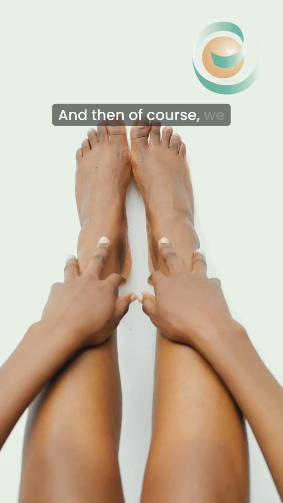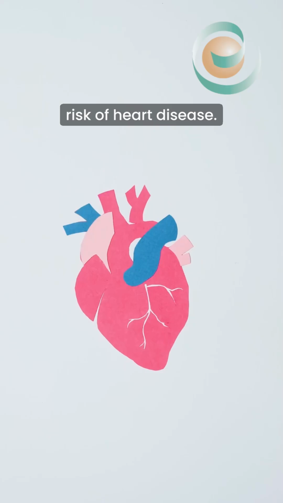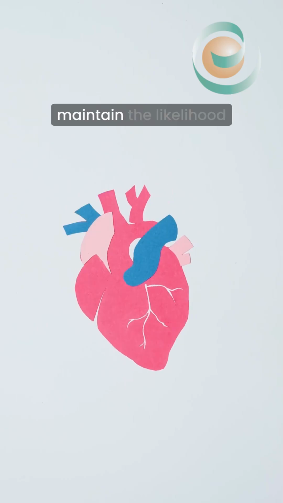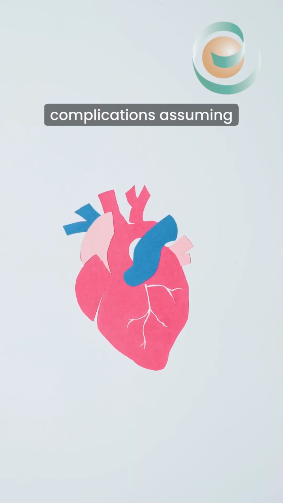And then, of course, we are all aware that diabetes increases the risk of heart disease. So, again, these measurements of hemoglobin A1c are looking at trying to maintain the likelihood that one would not have complications, assuming that their hemoglobin A1c was in a certain range. And so that's why hemoglobin A1c is important.